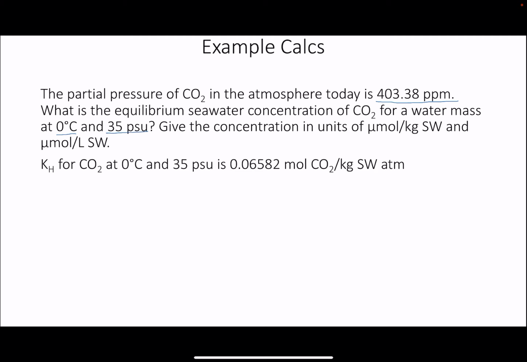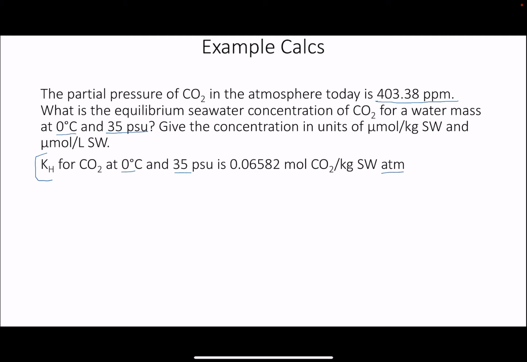So in order to get the equilibrium concentration, you need the partial pressure, which you have, and you need the KH value. And here you're given the KH value. The Henry's law constant for CO2 at this temperature and salinity is 0.06582 moles of CO2 per kilogram seawater atmospheres.